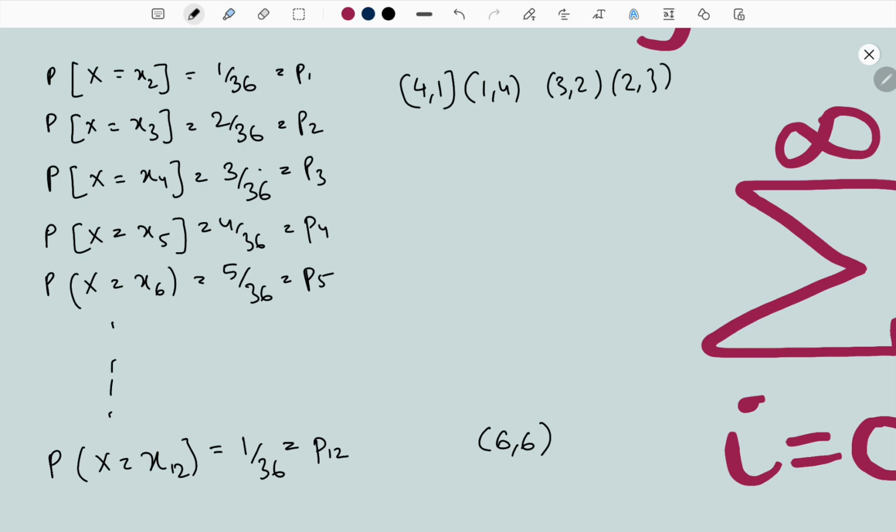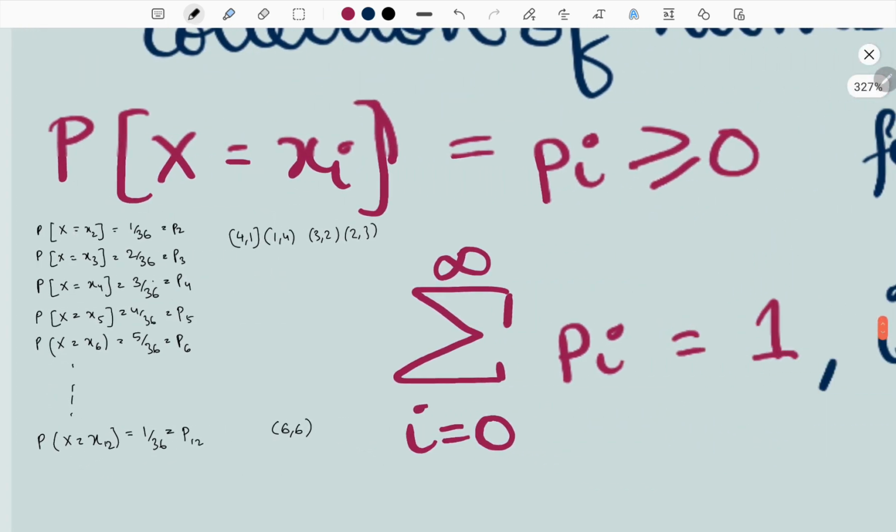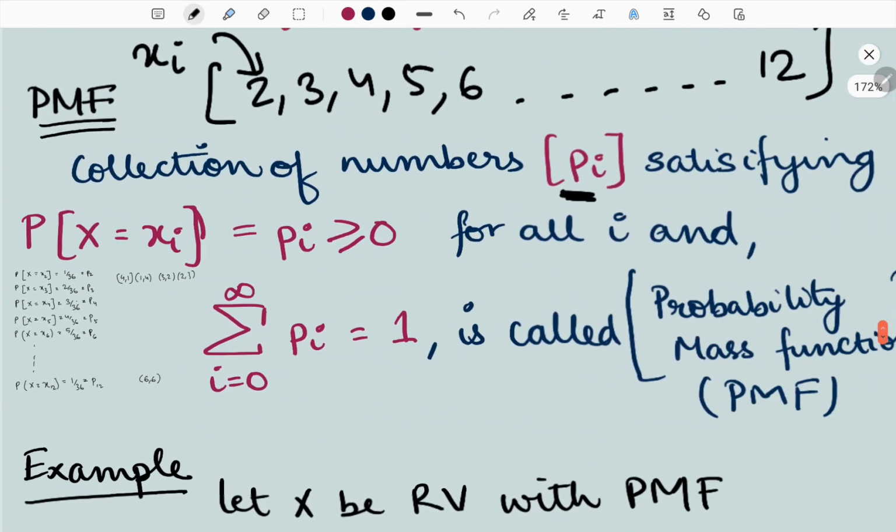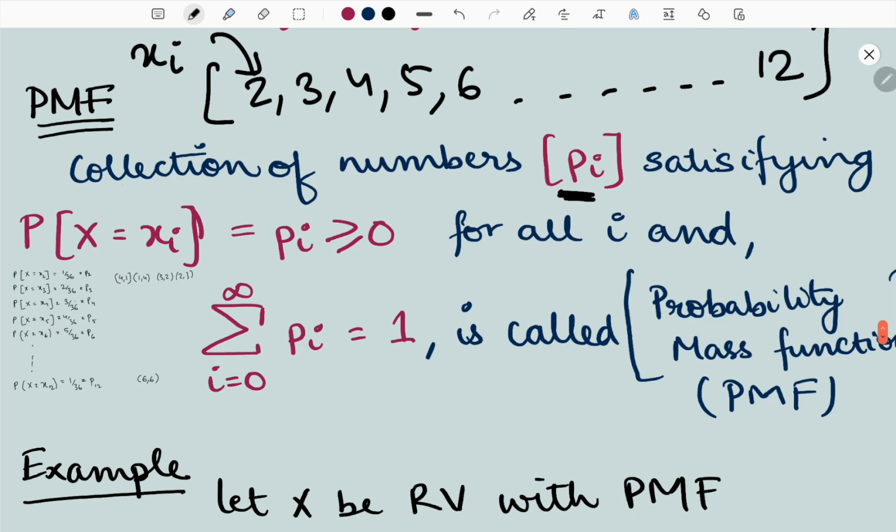Oh, sorry, I gave wrong notations. So p2, p3, p4, p5, p6 up to p12. So here we got a collection of numbers which satisfy P(X = xi), and they all have the value pi greater than or equal to 0.